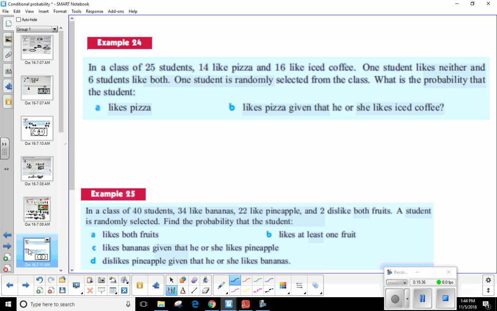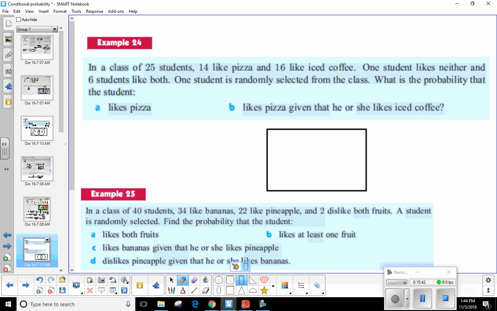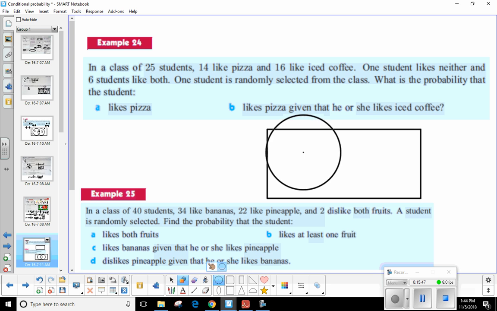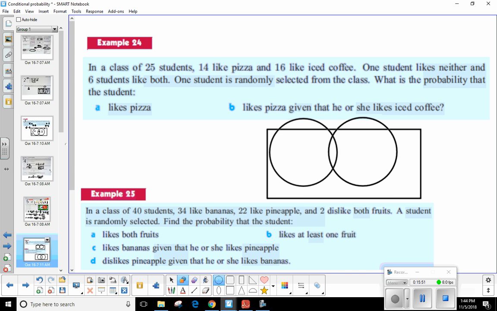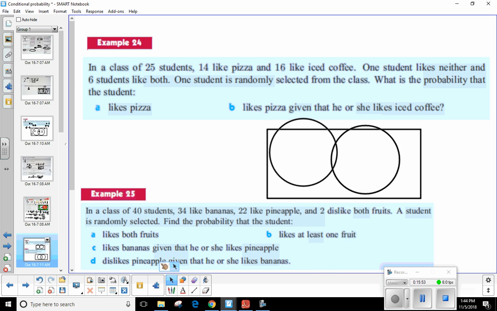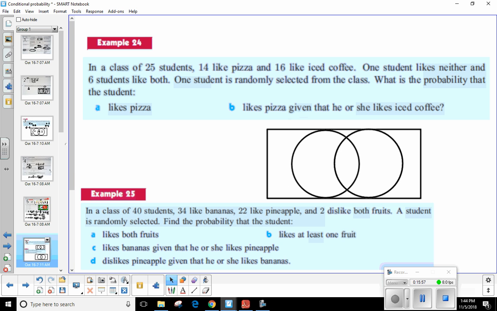The first thing we're going to do is set up the Venn diagram. Let me get my figures here. I'm going to need my universe. Hopefully these are going to be about the same size. Close enough. So I've got my Venn diagram.